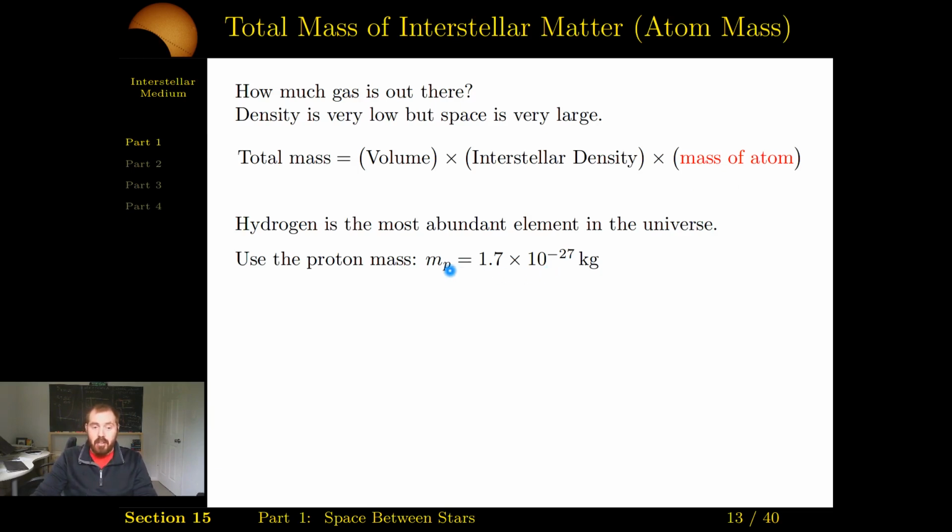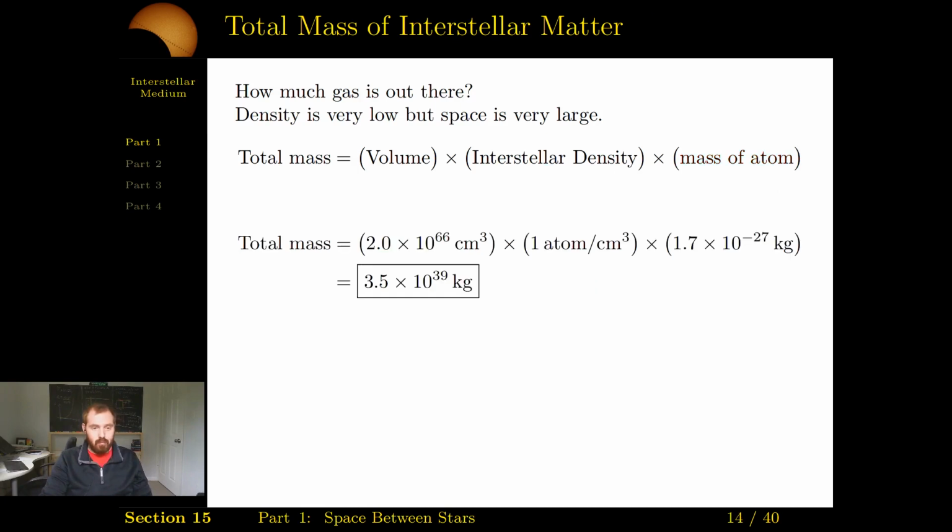And hydrogen has a mass. The mass of just the proton is going to be 1.7 times 10 to the minus 27th kilograms. So we're going to take all of these values, taking the volume, that 1 atom per cubic centimeter, and the mass of an atom to get the mass of the galaxy. Technically just the luminous mass, but we'll touch on that again later in the semester. So let's plug everything in.